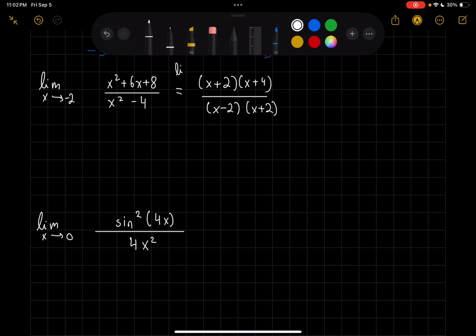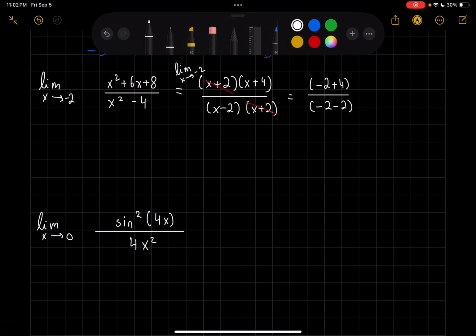We forgot to write the limit over here: x is going to -2. So now we can just cross x plus 2 with x plus 2. I got rid of my problem and just replace x with -2. So -2 plus 4 over -2 minus 2.